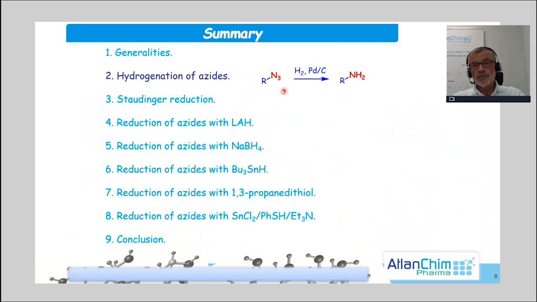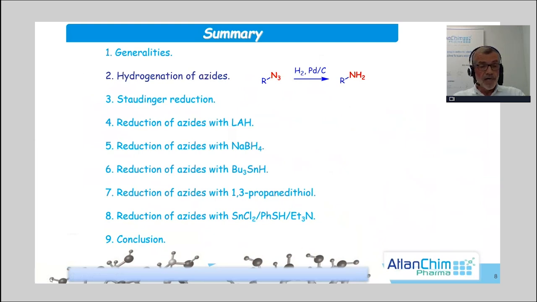Palladium zero, supported on charcoal, is widely used as a catalyst in this reaction. However, problems in chemoselectivity are occasionally encountered when the substrate contains functional groups sensitive under the reaction conditions of hydrogenation, of course.